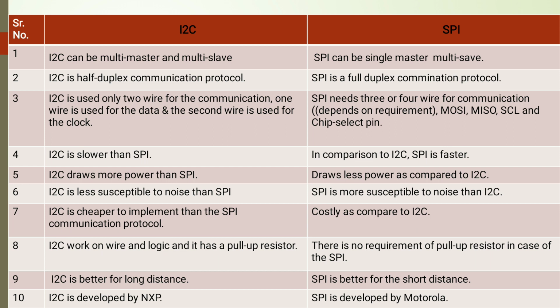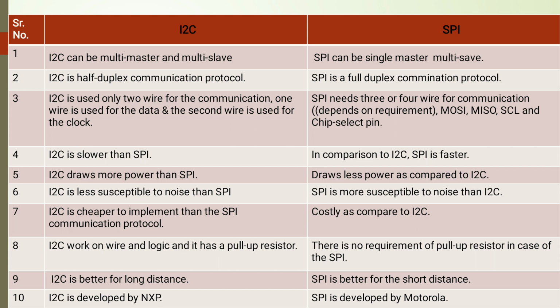I2C is used for long distance communication, whereas SPI is used for short distance communication. I2C consumes more power while working, and SPI consumes less power.